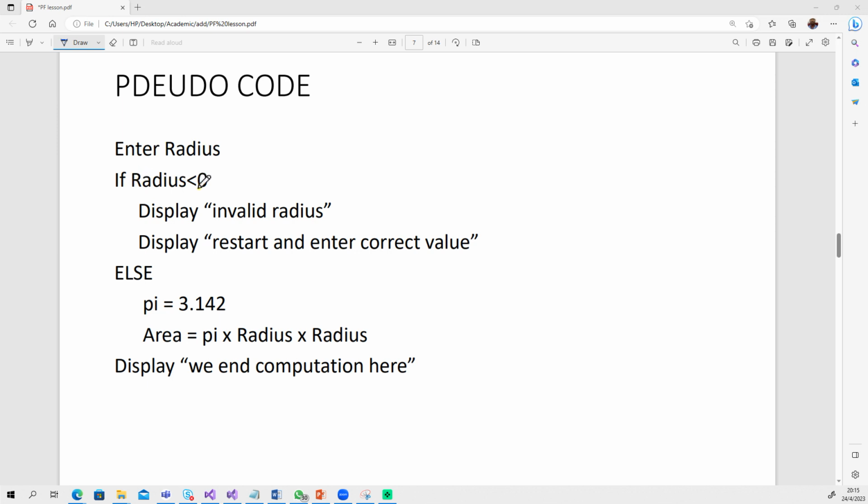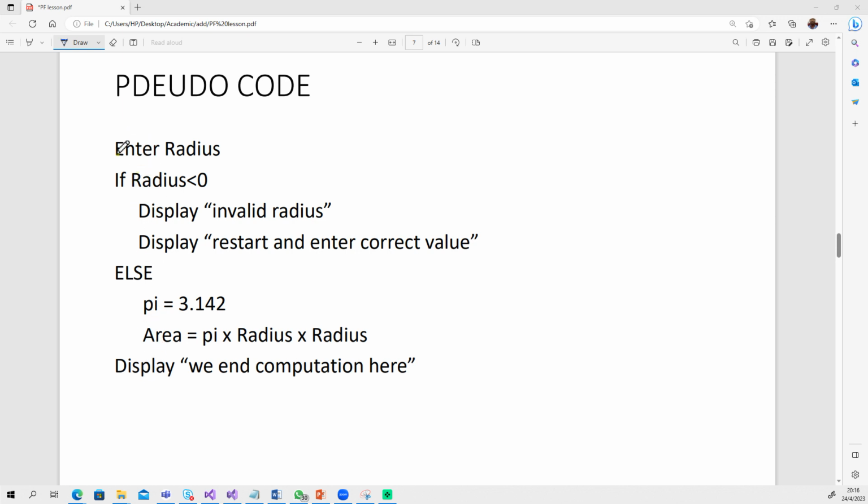If the radius is less than 0, then display radius is invalid, or display restart and enter correct value. Else, meaning if the radius is not less than 0, then find the pi, assign the value of pi to 3.142, and then assign the value of area to pi times the radius. So this is an example of pseudocode.